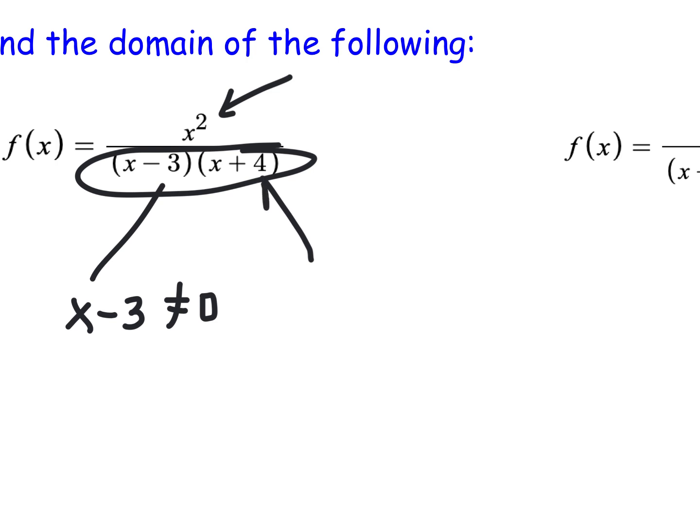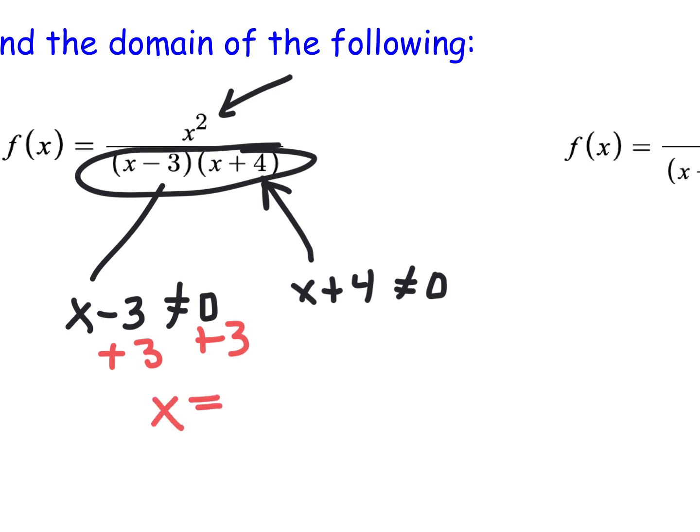This may be the first time you have written an equation with a not equals symbol. You solve them just like normal equations. Add 3, x cannot equal 3. Because look, if I put a 3 in there, the bottom becomes 0. Anything divided by 0 doesn't exist.